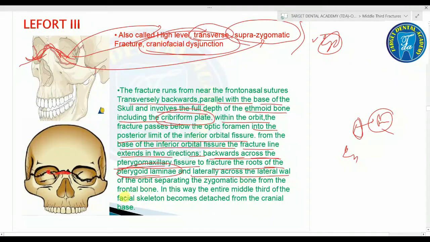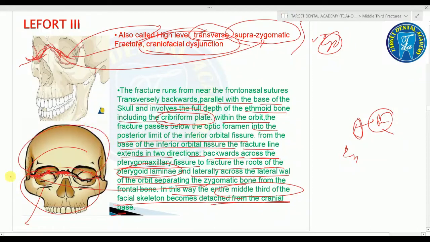And laterally it crosses the lateral wall of the orbit, separating the zygomatic bone from the frontal bone. In this way, the entire middle third of the facial skeleton becomes detached from the cranial base. Very important. High level fracture, transverse and suprazygomatic.